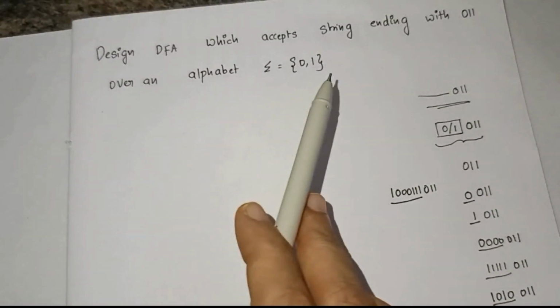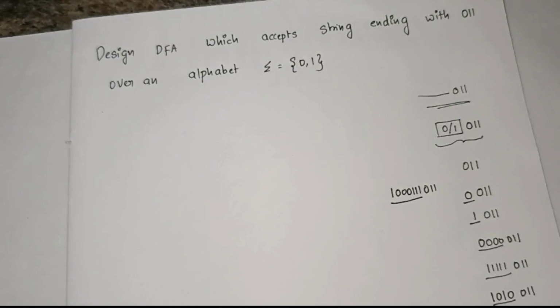So we have to design a DFA which accepts the string ending with 0, 1, 1 over an alphabet sigma equals 0, 1. Means our entire string should contain zeros and ones only. Whatever is there in the alphabet, the string will be combinations of zeros and ones only.